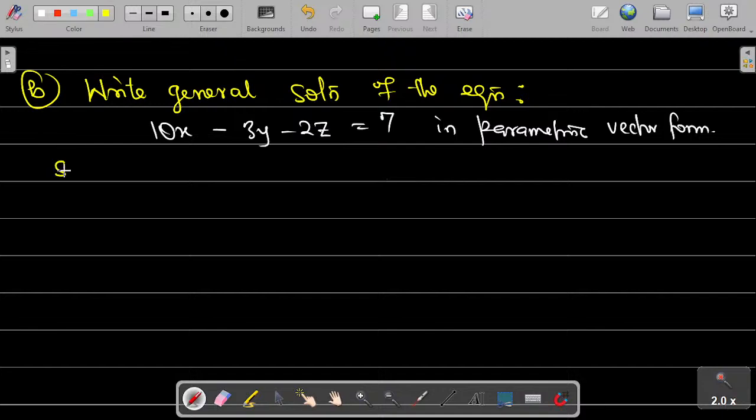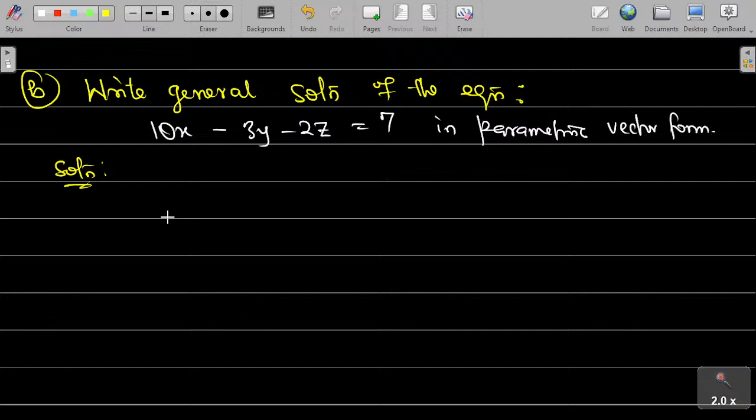So what do we do exactly? First of all, whenever you want to get a parametric vector or parametric form solution, all you need to do is to give a name to the free variables, or you can just leave the free variables with their normal name, but then make the leading variable the subject. From 10x minus 3y minus 2z equal to 7, which ones are the free variables?